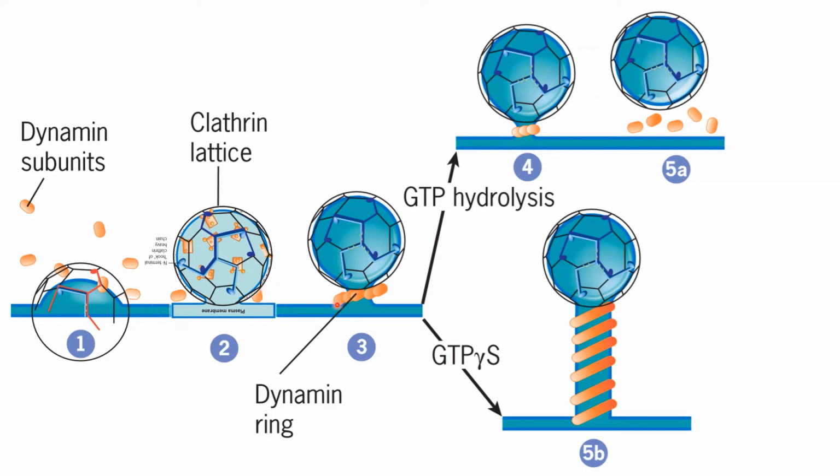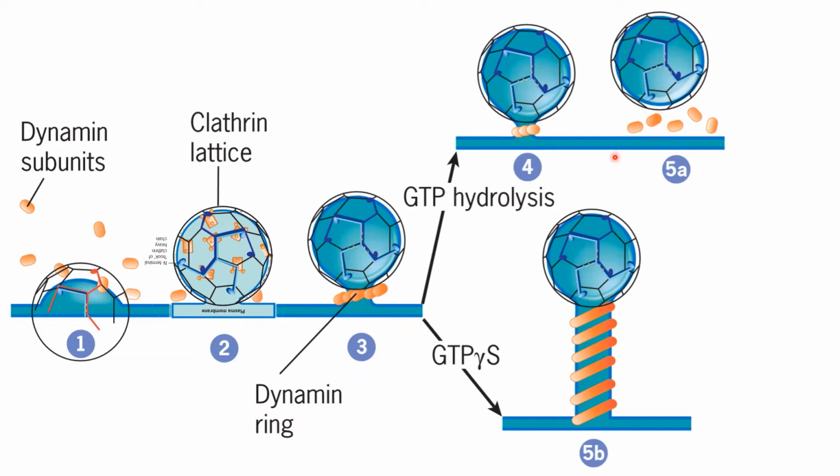And a protein called dynamin is going to be cutting the connection between the outer membrane and this vesicle, thereby forming this endocytic vesicle that contains the materials for endocytosis.